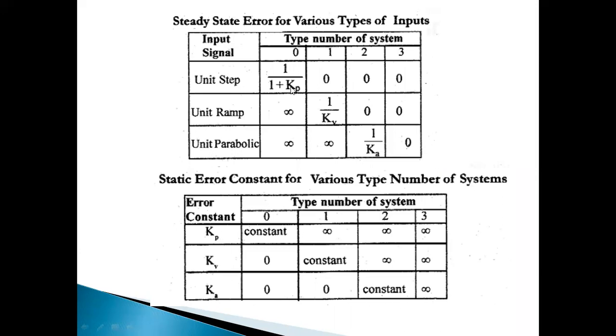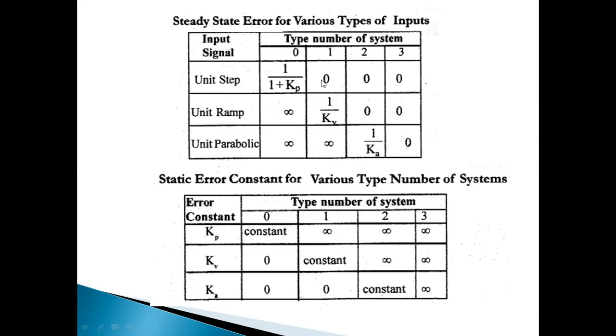The corresponding steady state errors: for type 0 system, the error constant Kp is a constant value, so this value is also a constant. Because the Kp value is infinity for type 1 system, here that becomes 0.